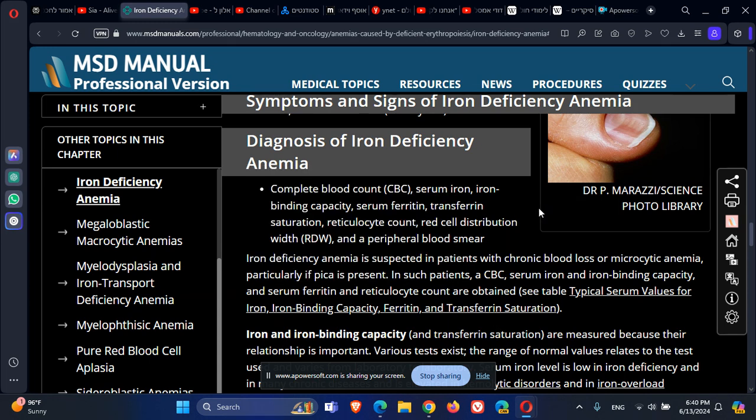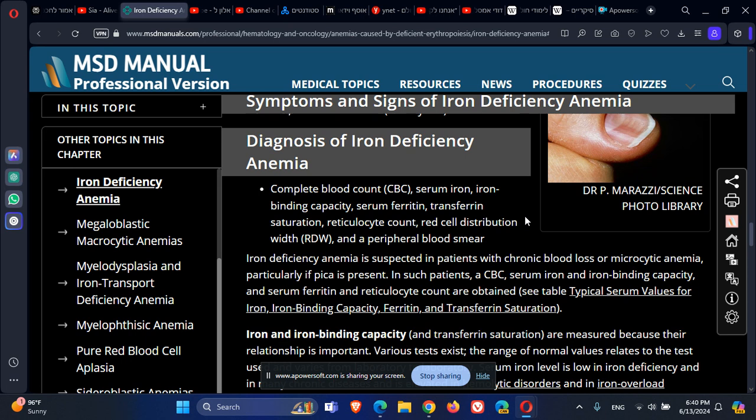Serum iron is decreased, though not very stable. MCV is decreased, which is not very specific to iron deficiency, but iron deficiency anemia causes microcytic anemia, where the volume of red blood cells is decreased. So we have a lower mean corpuscular volume. Other anemias can also cause a lower MCV, like thalassemia, and maybe others that I don't remember now.